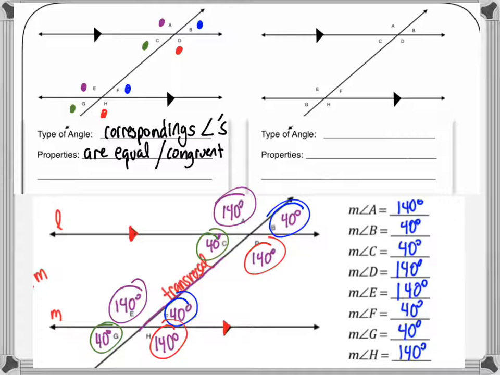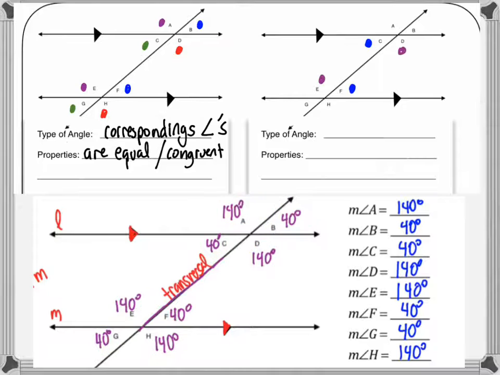So let's take a look at another type of angle here. Okay. So these type of angles right here are going to be called alternate interior angles.